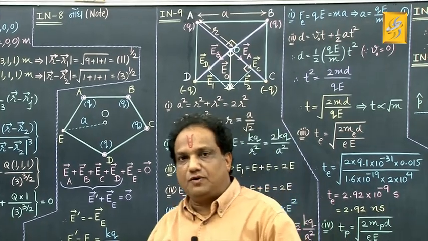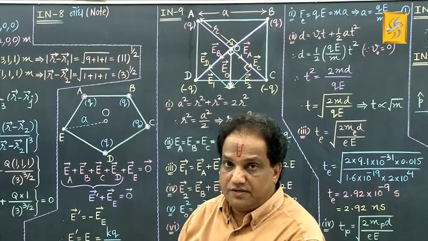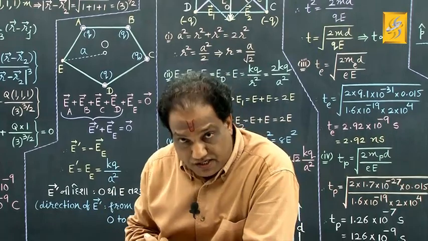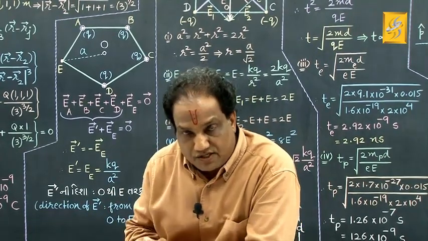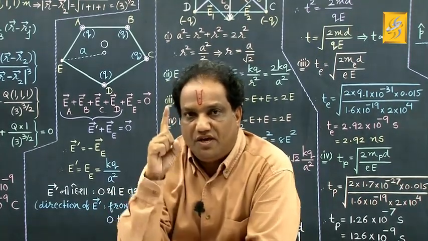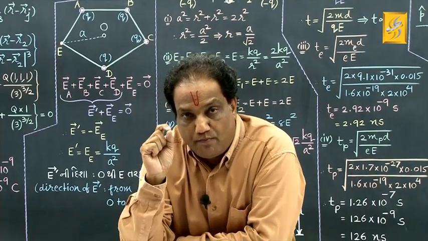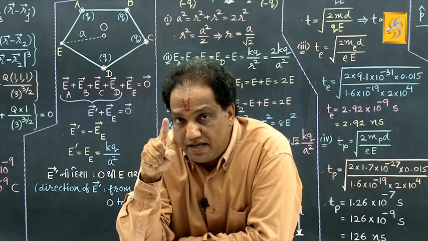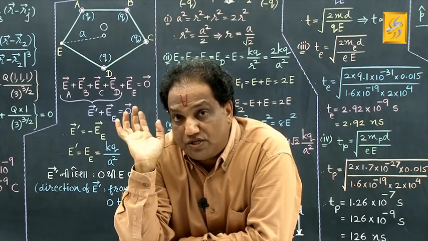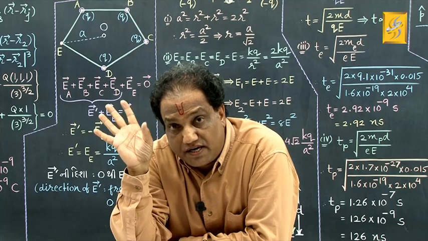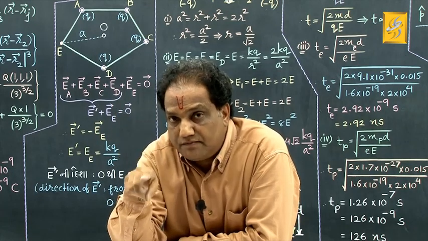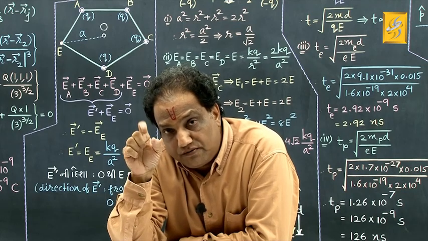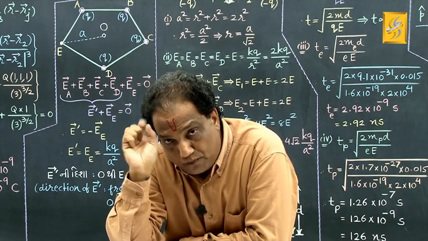Read it? Come on. My dears, here we will make use of one generalized result. What is that generalized result? I am showing you. If you have a regular polygon, and you place identical point charges at all its vertices, then the resultant electric field at the centroid of that polygon is found to be 0.